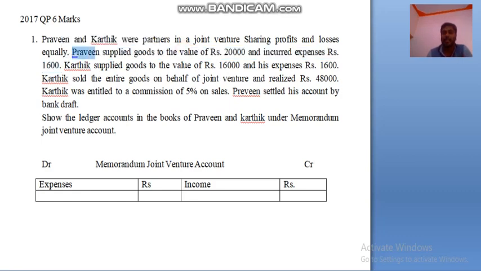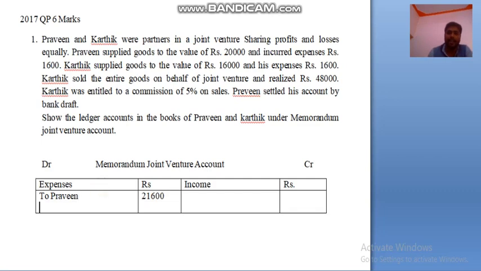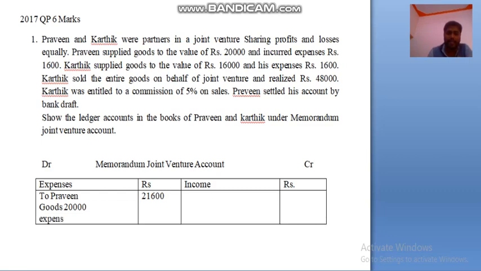So on the expenditure side, record to Praveen 21,600: goods rupees 20,000 and expenses rupees 1,600, total 21,600, paid by Praveen.